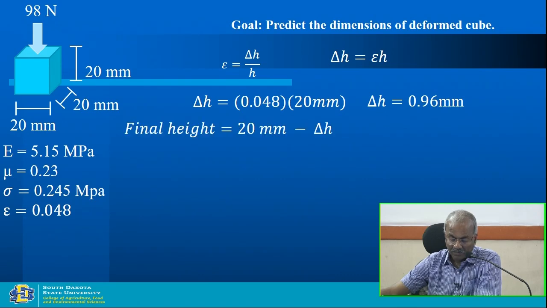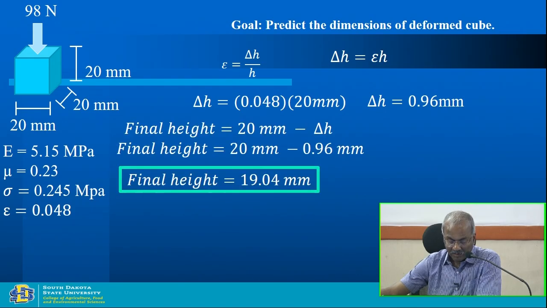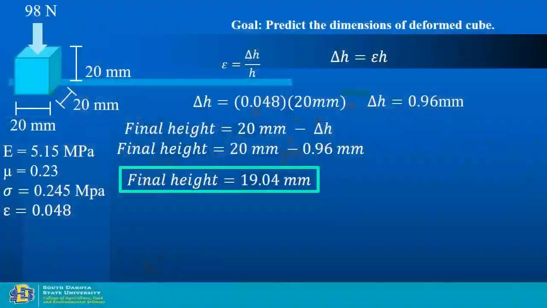So 20 minus 0.96 gives you the final height of 19.04 millimeter. So this is for one side.